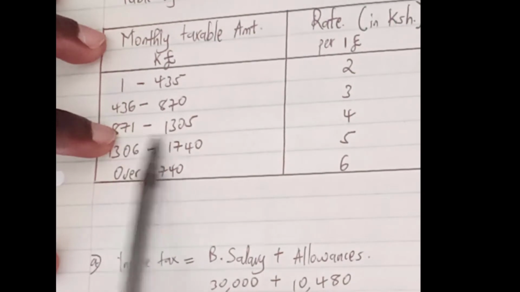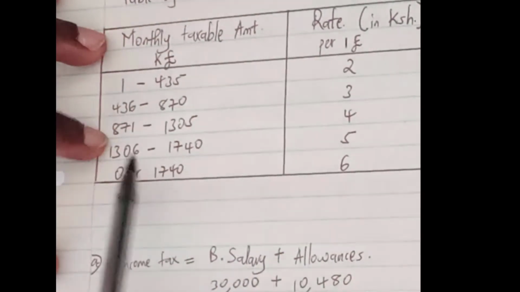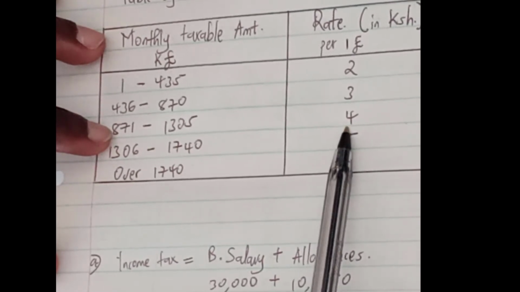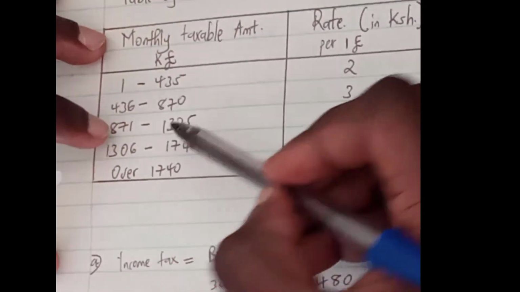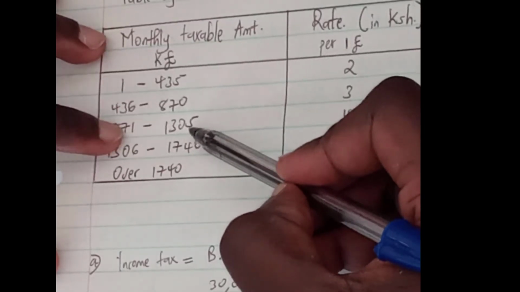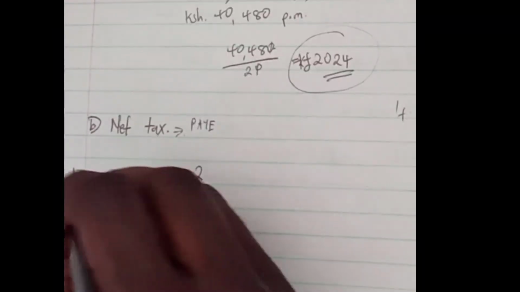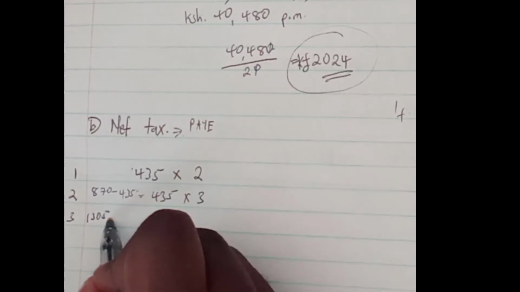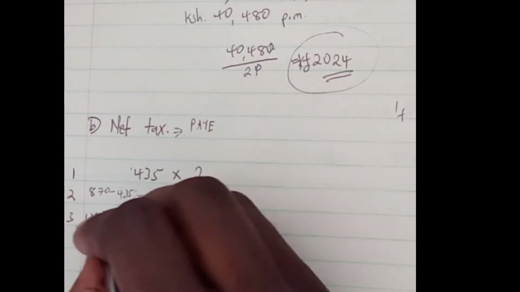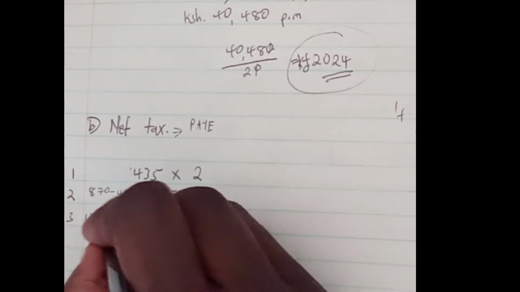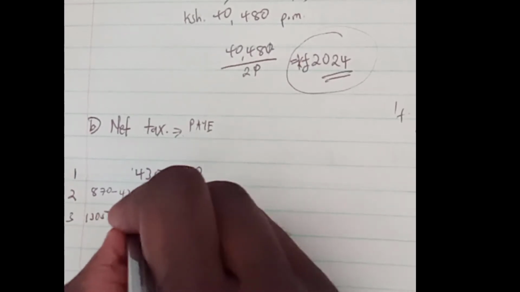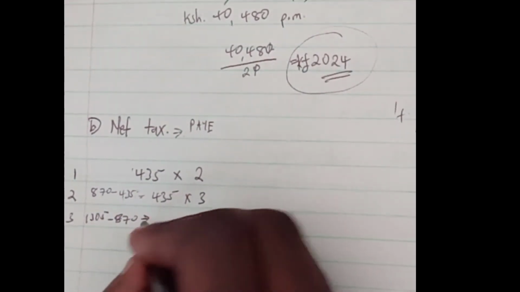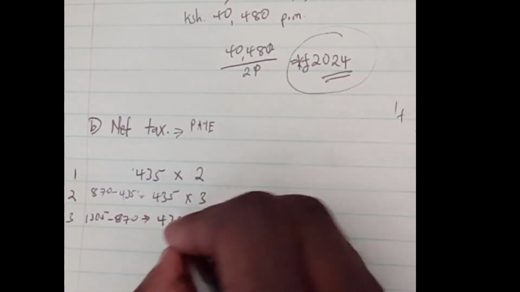Therefore, the rate that has to be charged for any amount of money lying within this range is 4 shillings. What is the amount of money that lies within this range? We'll take 1305, then subtract 870, and whatever you get here will be 435.